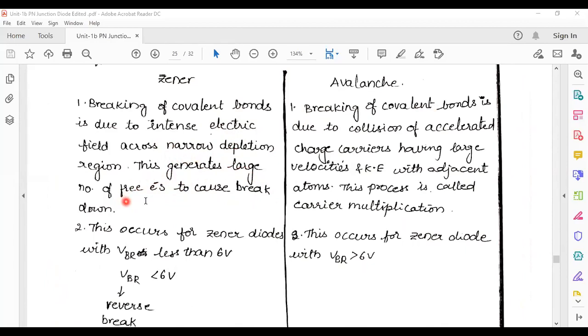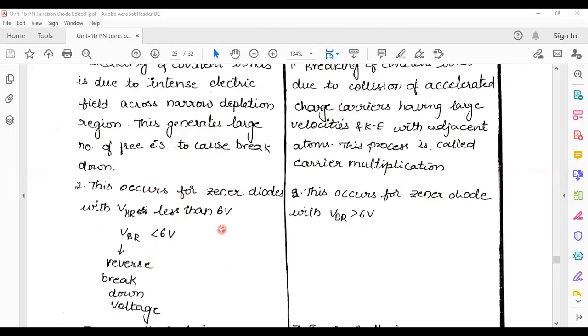Whereas avalanche breakdown occurs for a ZNR diode at a voltage less than 6 volts, let it be 4.5 volts from the graph.